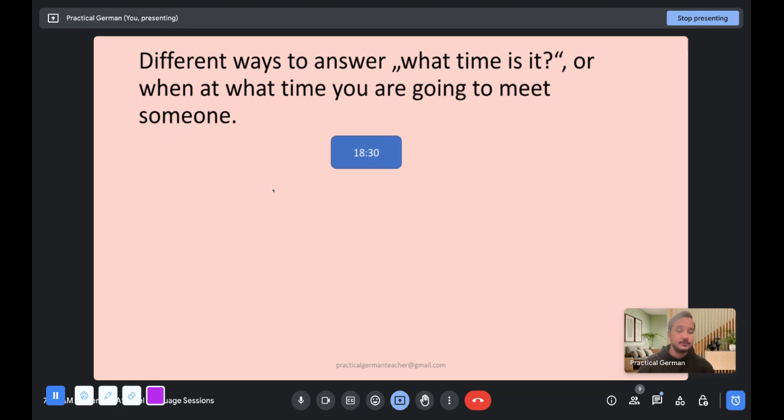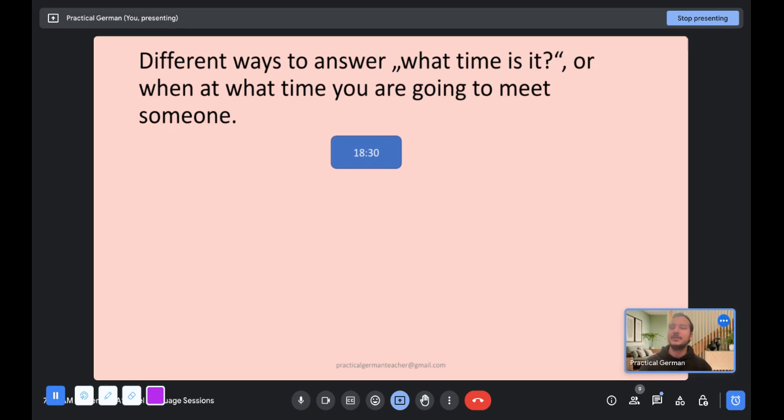Just taking a guess, I think it's halb nach sechs. That's correct. Halb nach sechs, but it's a very informal way of saying it. I'm not sure whether you mean morning or the evening. So then you have to say halb nach sechs abends. That is a very informal way of saying it, but that's actually how normally people speak.